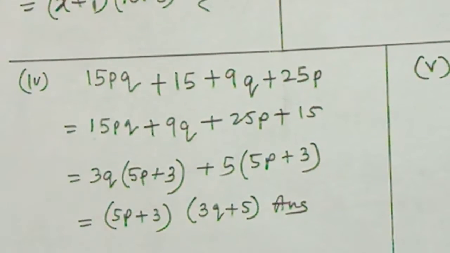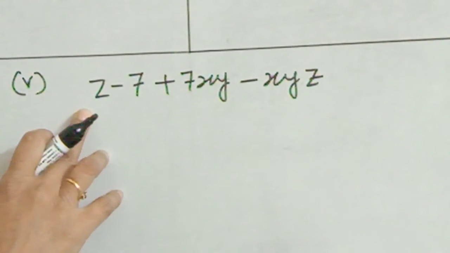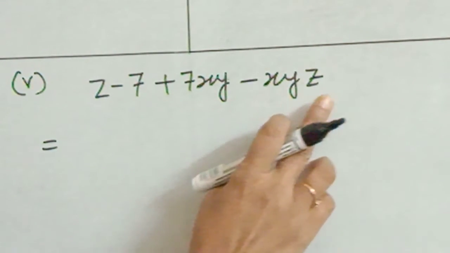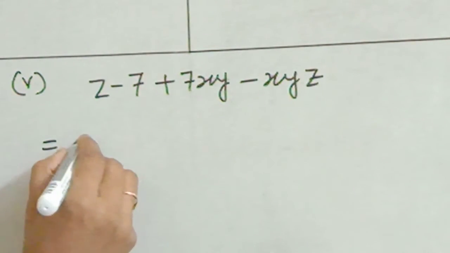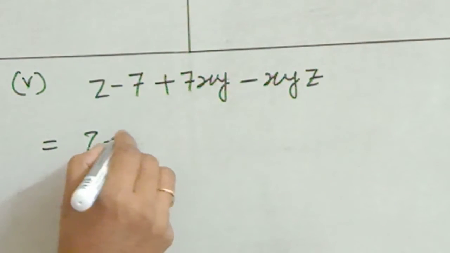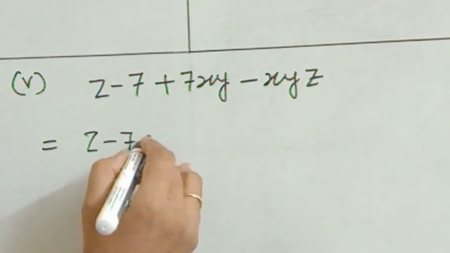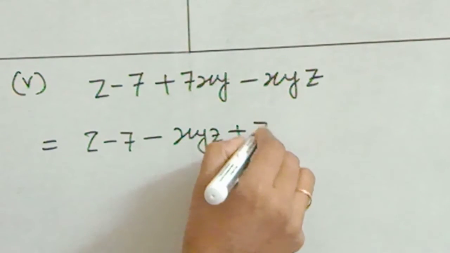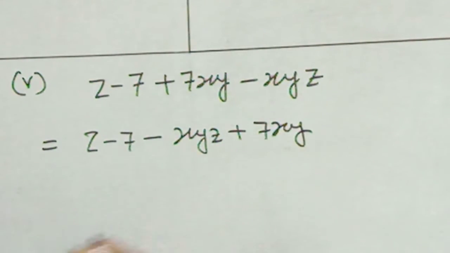Come to the next sum. Now the last sum of this question, z minus 7 plus 7xy minus xyz. Again I need to arrange z minus 7. If I take this one in front, then minus xyz plus 7xy.